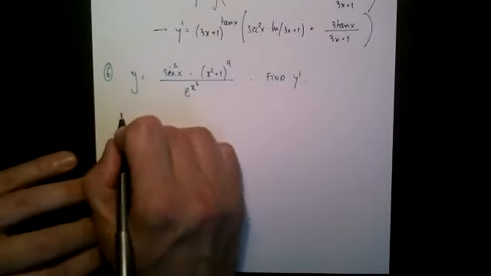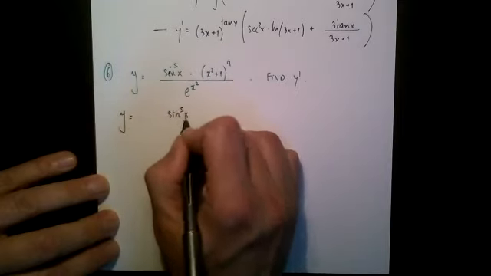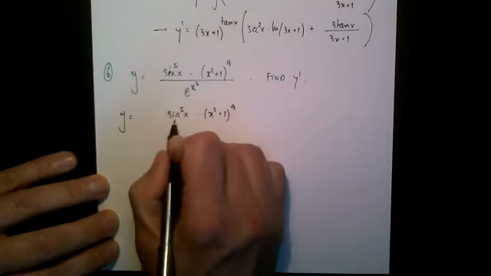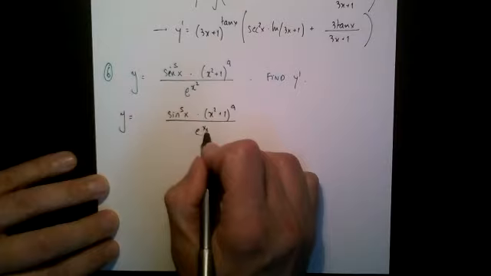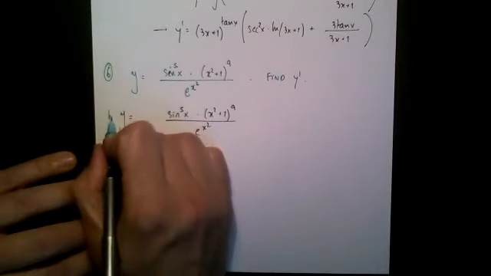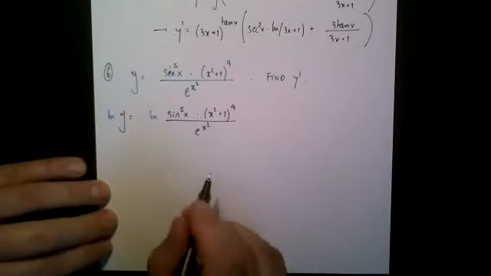So y is equal to sine to the 5 of x times x squared plus 1 power 9 over e power x squared. Again, I'm going to put ln on each side, and rely on the properties of logs to simplify my expression.